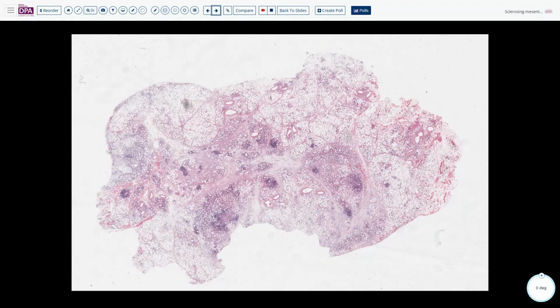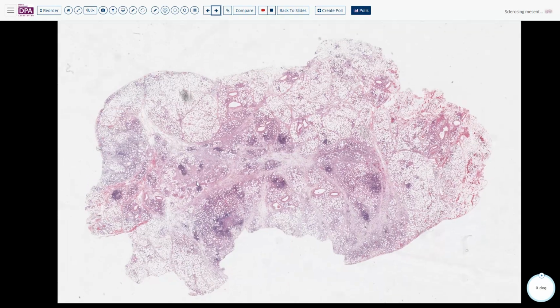So let's see one virtual example. At low power, we can see some lobulated fat adipose tissue, and some areas look healthy, but in this area, at low power, we can recognize this lymphoid aggregation, and we also can see that the adipocytes are not back to back compared to the healthy ones, because they are fat necrosis.